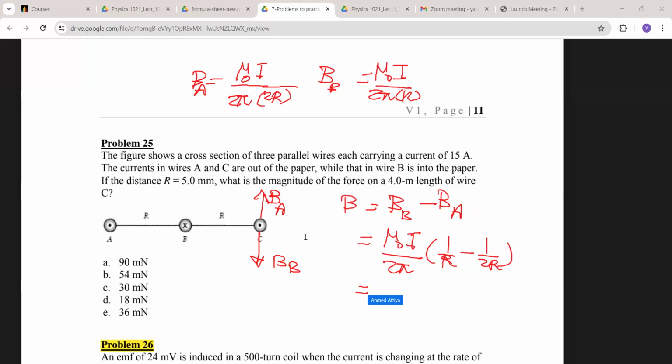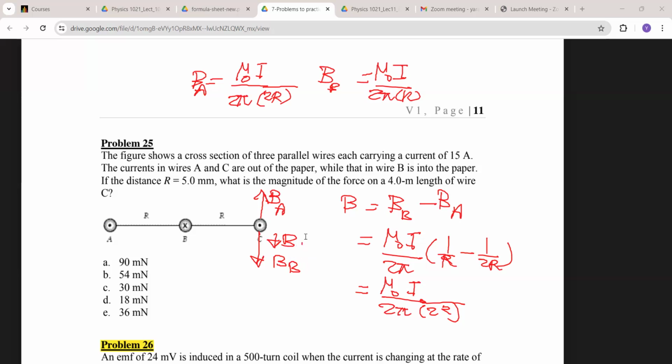So from here it is mu naught I over 4 pi R, and its direction could be downward.